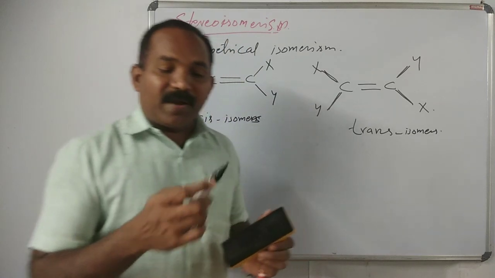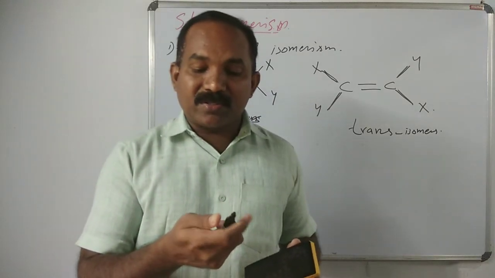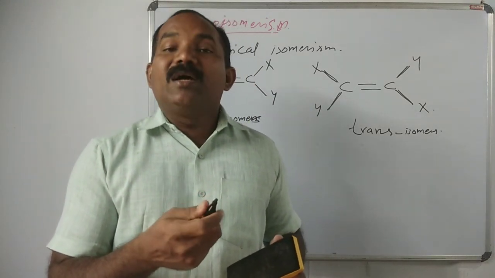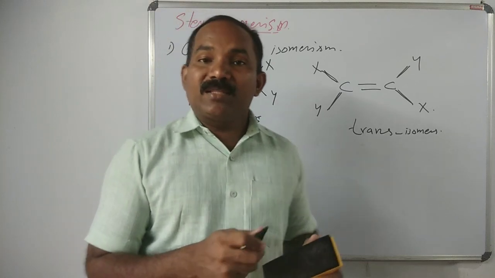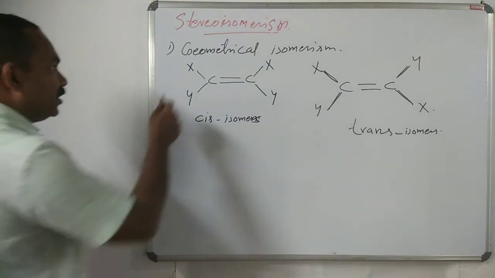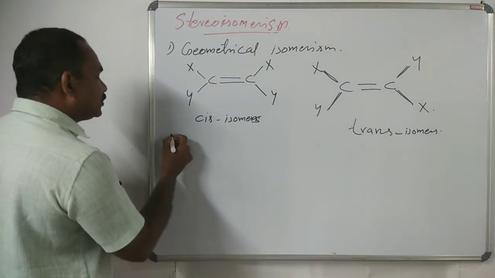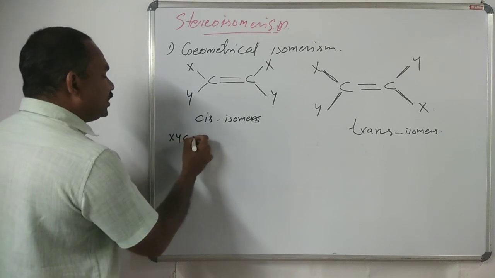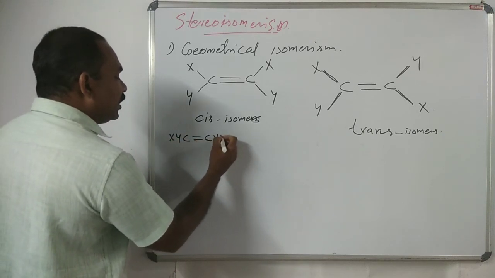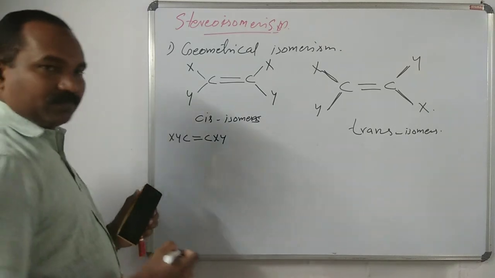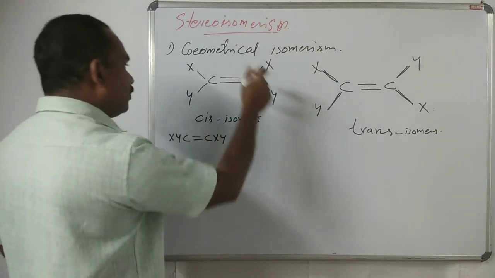So there are two types of isomers in geometrical isomerism: one is the cis isomer and the other is the trans isomer. And the formula is condensed into XYC double bond CXY. Both have the same formula.